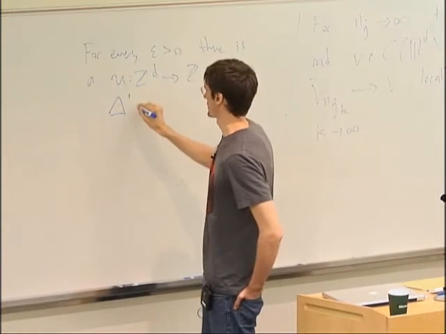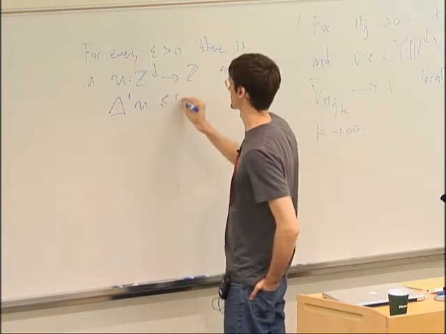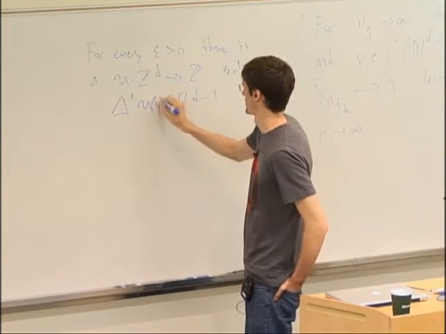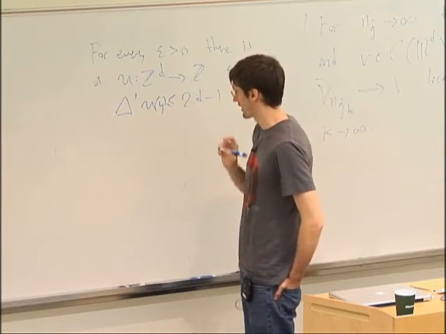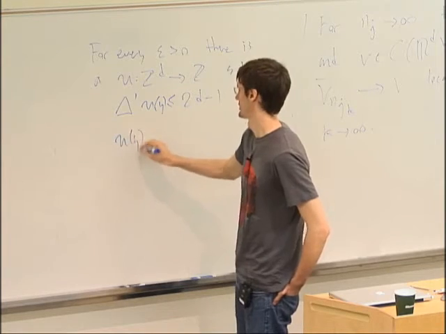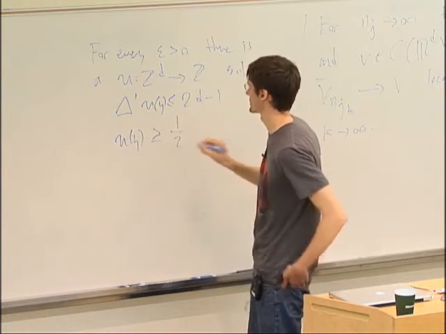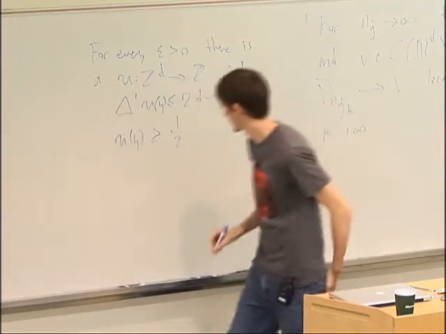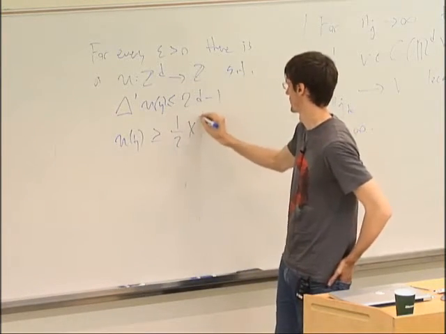The discrete Laplacian of u is less than or equal to 2d minus 1 everywhere, so for all y, and this function majorizes the quadratic form you get from this second derivative, from the Hessian.